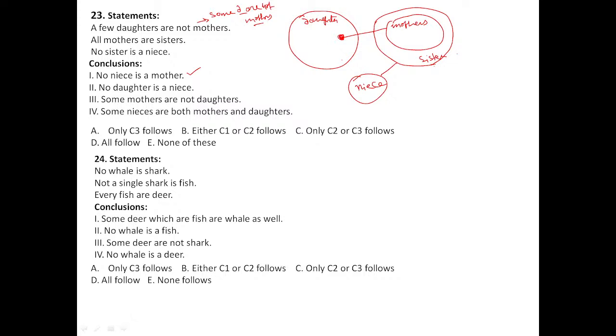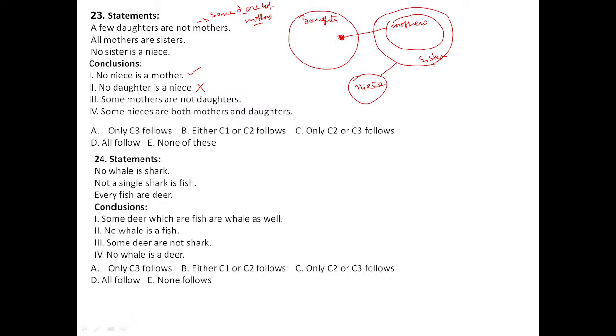That much overlap condition is okay, but keeping that minimum overlapping condition in mind would always be very, very effective here. So no daughter is niece. Daughter is here, niece is here. No definite condition.